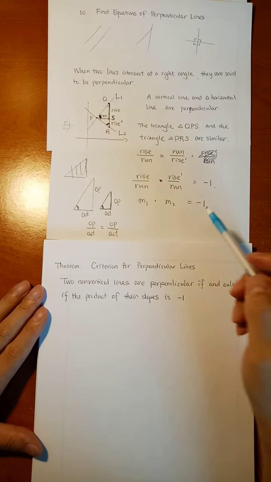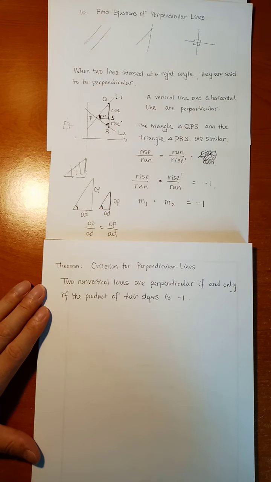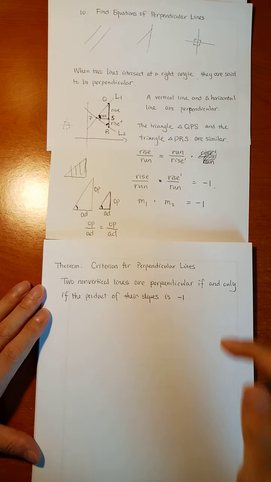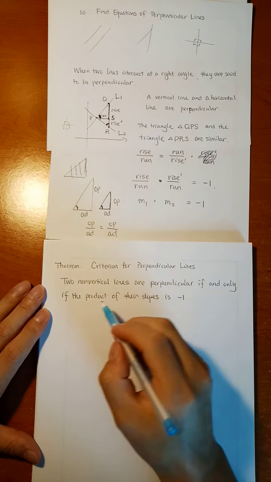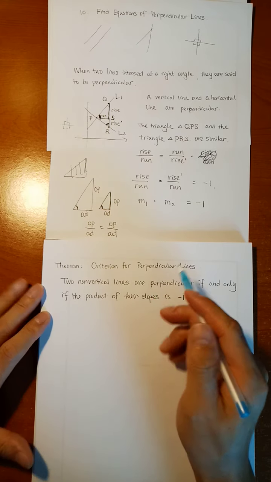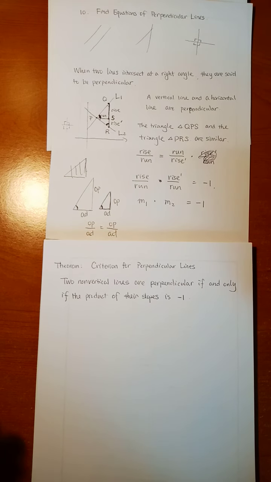This negative 1 comes from one rise being positive and the other rise being negative. If and only if the product of the slopes is negative 1, then the two lines are perpendicular. If two lines are perpendicular, then the product of the slopes is negative 1.